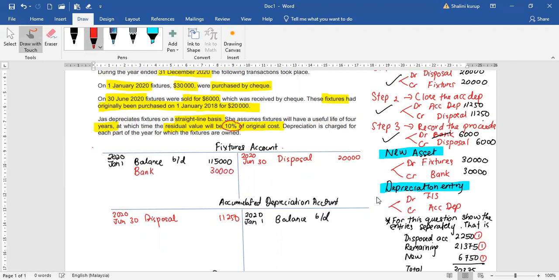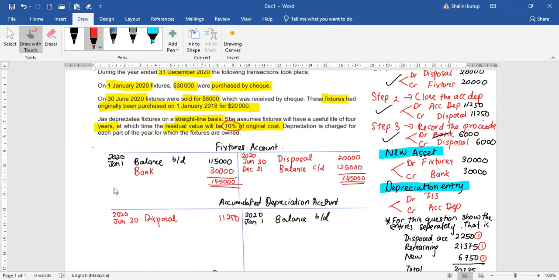If you look, there's no more entry to be recorded under the fixtures, so it's time to close your account. You'll get 145000. This side also will be 145000. So the balancing figure, do not forget the date, December 31st, balance c/d is 125000.